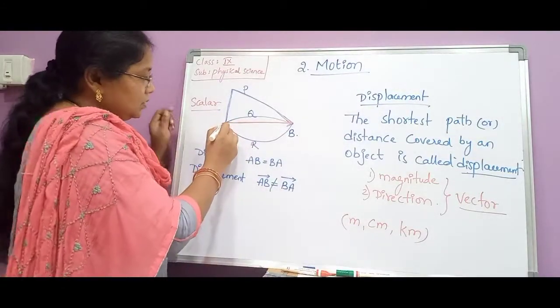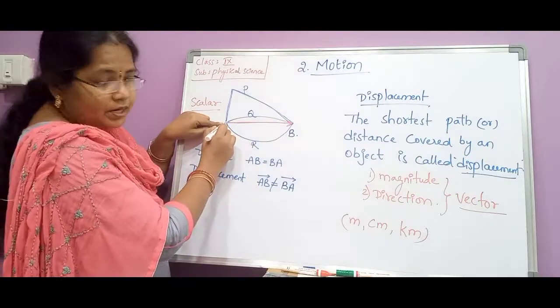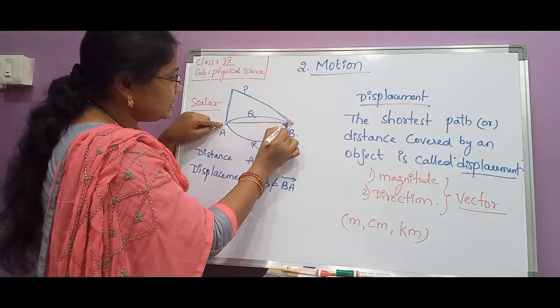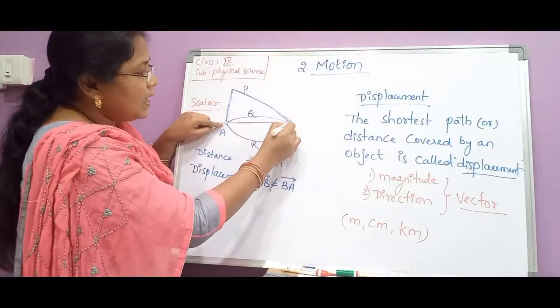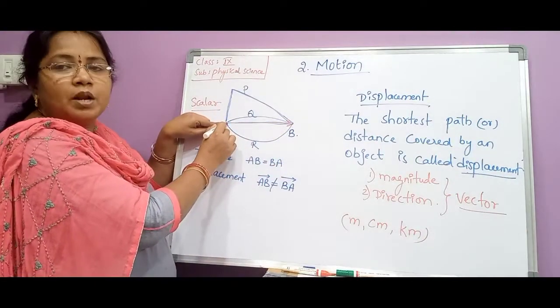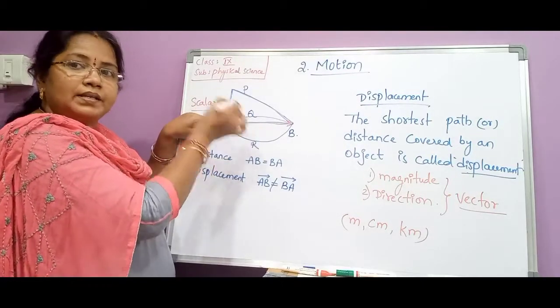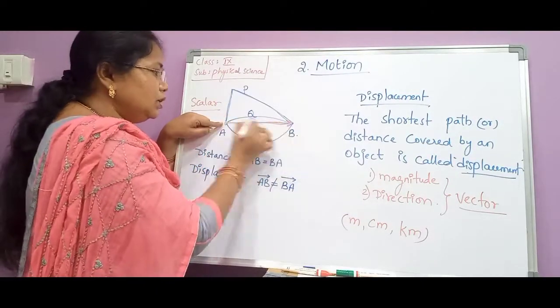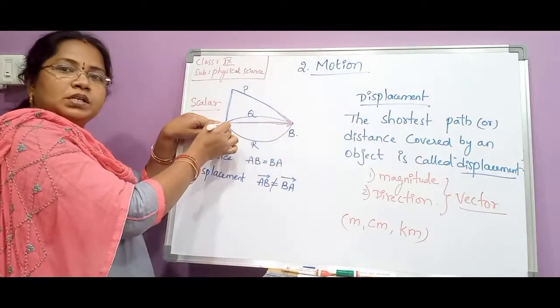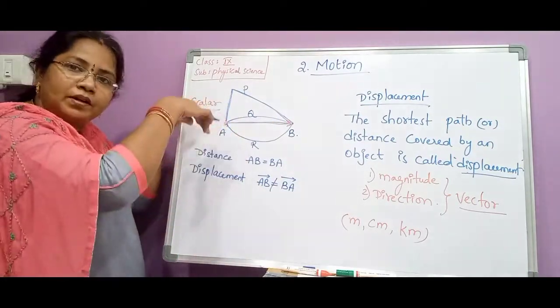This is the initial point, children. From this it has travelled like this, it has reached point B, and again it has come back to its original position, the final point. It has travelled from here to here and again came back to its starting point. That means its initial point is A and final point is also A.